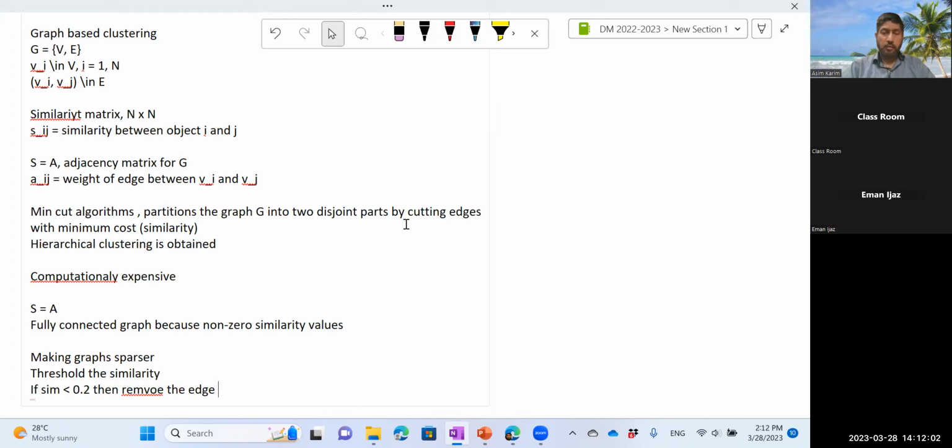Of course, this threshold is a user-specified parameter. If you increase this threshold, you get a sparser graph, but then you will be losing more information. If you decrease this threshold, you will get a denser graph, and you will be retaining more information, but denser graphs would then be more difficult to cluster.